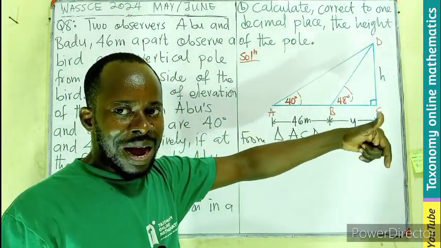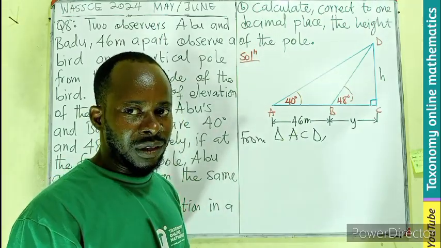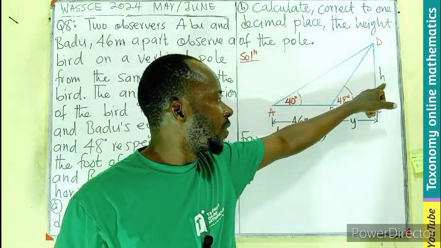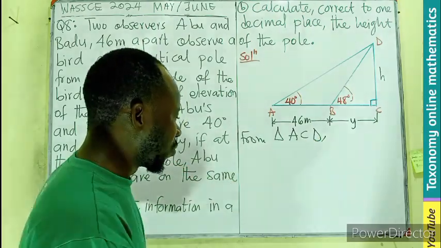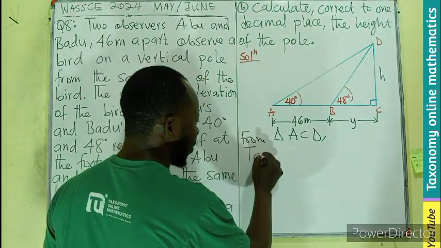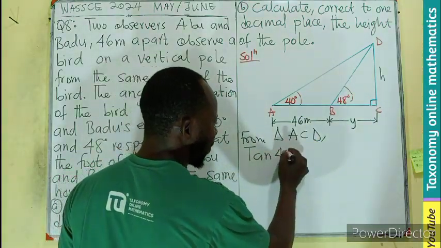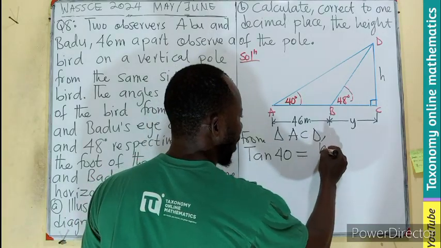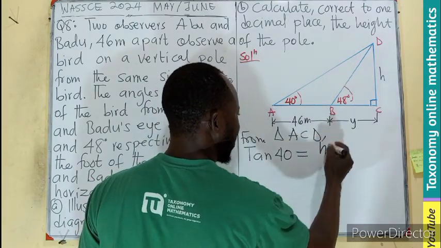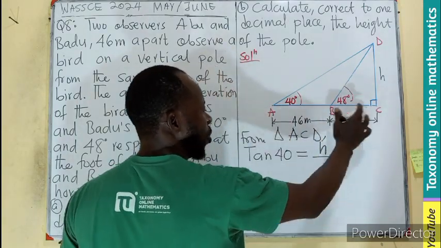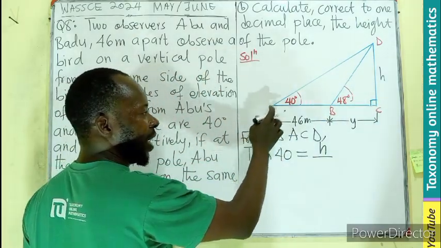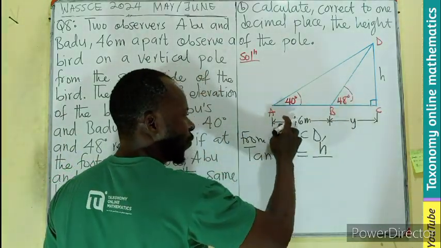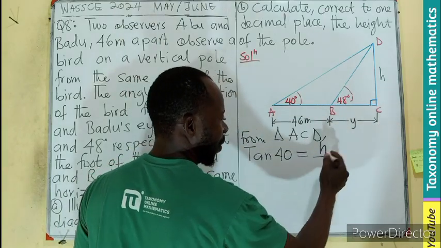We have adjacent and opposite. This is going to be opposite over adjacent. That is tan. So I'll be saying that tan of the angle 40 will be equal to the edge, which is the opposite side, over the adjacent, which spans all the way from A to C. So 46 plus y.